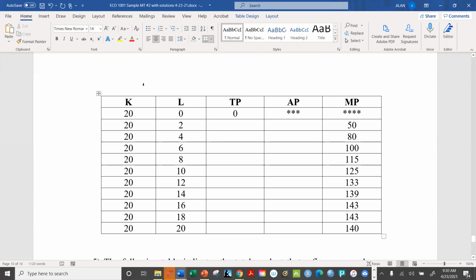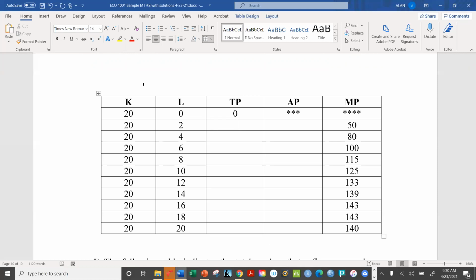Instead of being given the total product and being asked to calculate the marginal, we're going to do it the other way around. It sounds strange, but it's not that difficult.